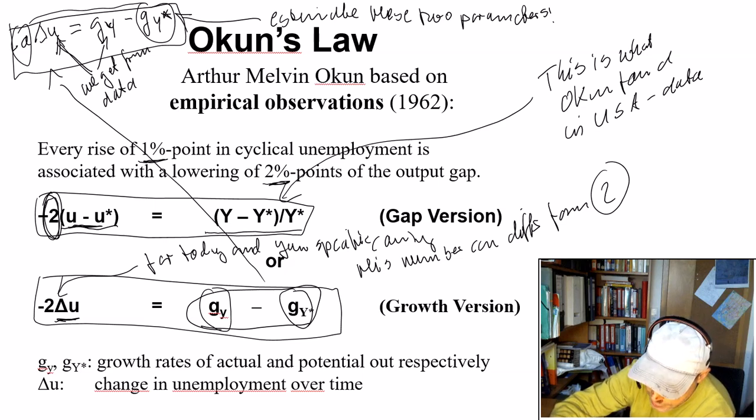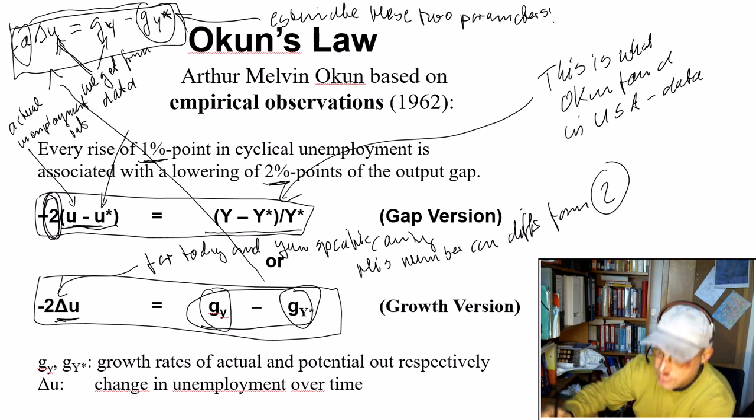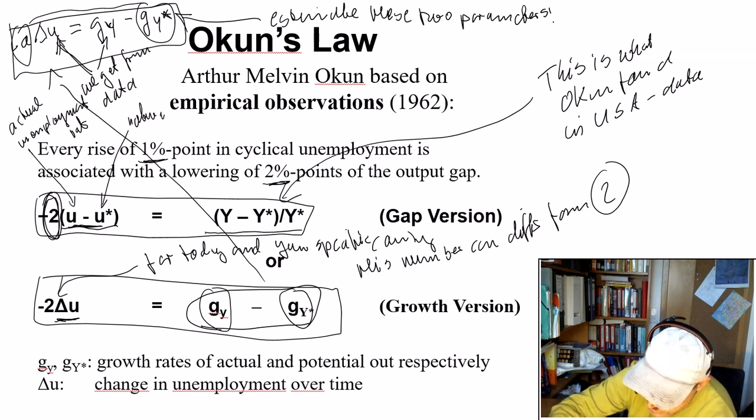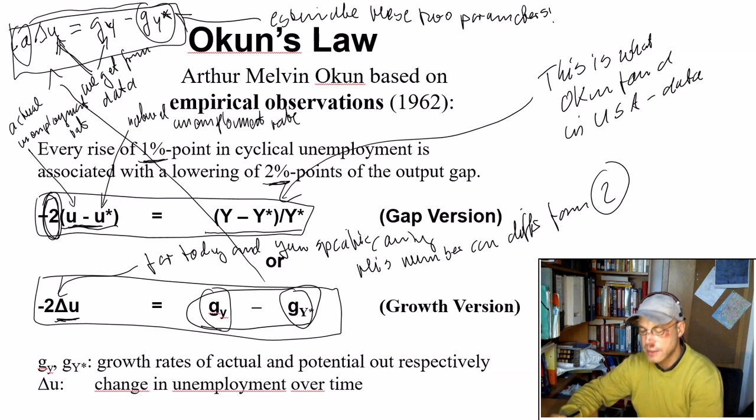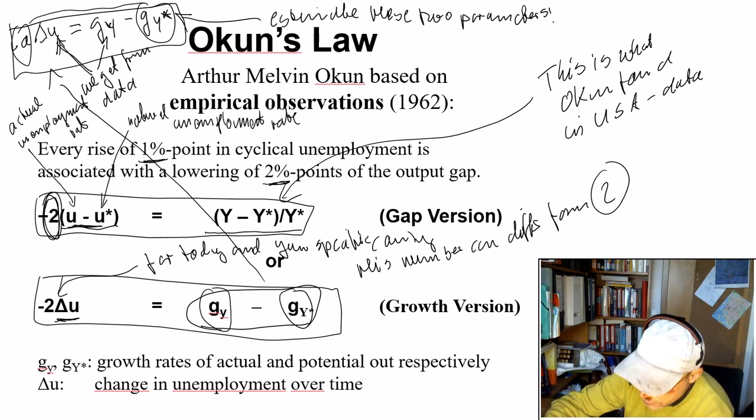So what was descriptively found in the US data was that if we write down here the change or the difference between the actual unemployment rate minus the natural unemployment rate, a change here will have an impact of a 2 times higher change in the so-called output gap.